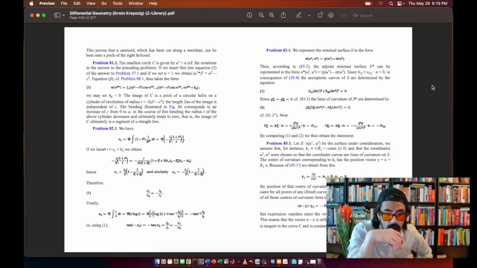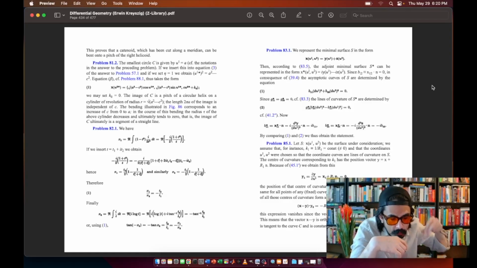And similarly, x2 equals negative t1 over 2, times (1 minus 1 over (t1 squared plus t2 squared)). Therefore, x1 over x2 equals negative t2 over t1.